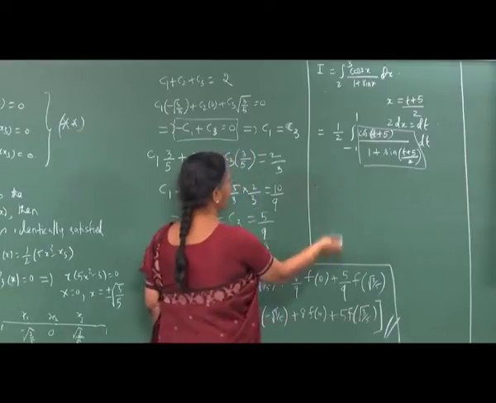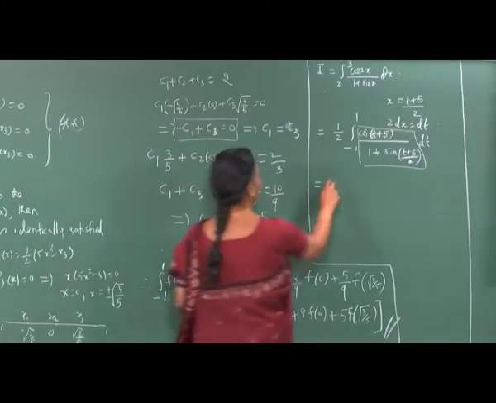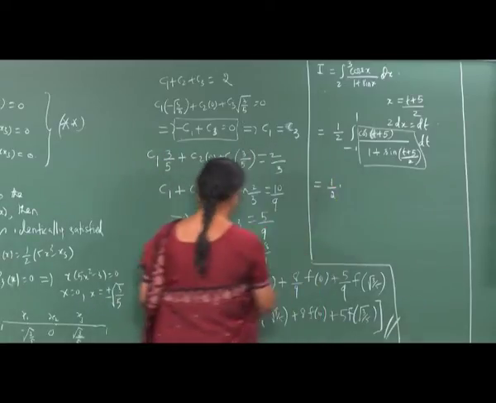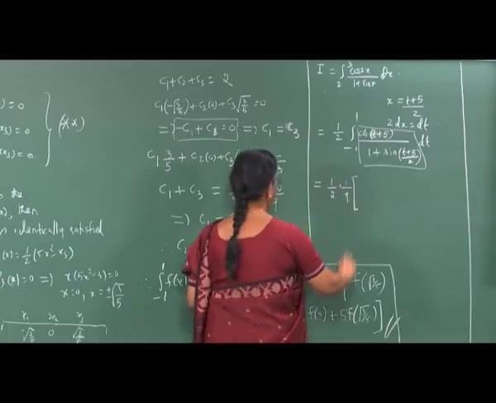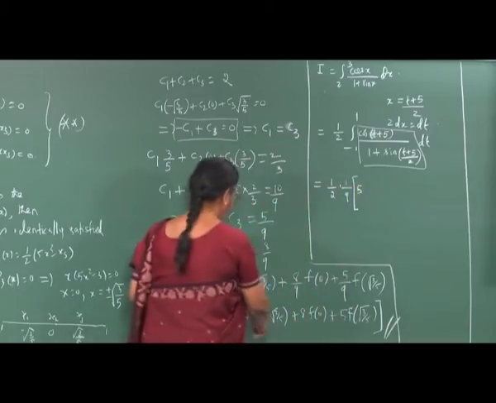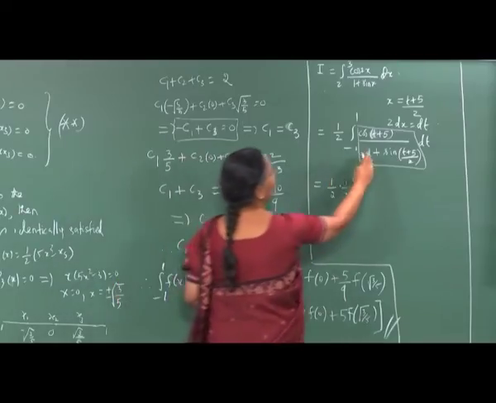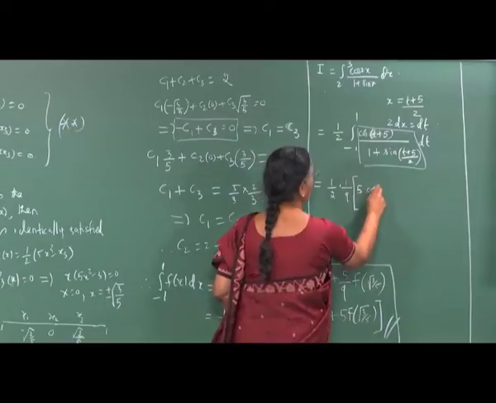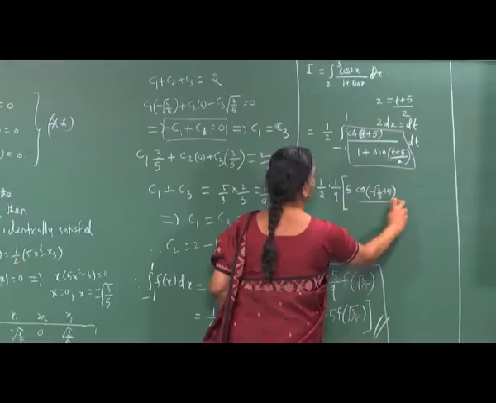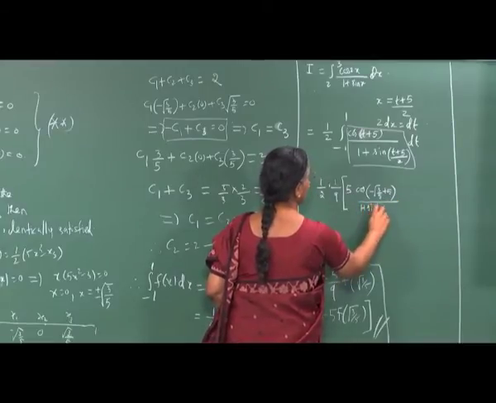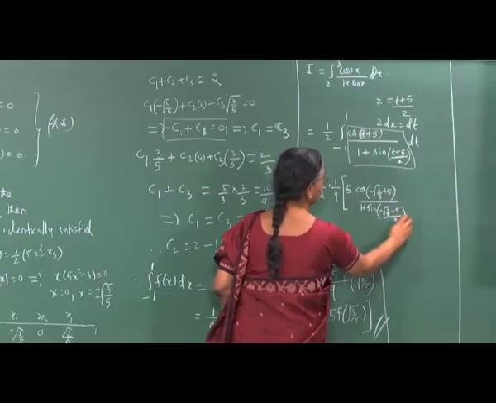So, I directly apply Gauss 3-point formula. So, I have half into, if I apply Gauss method, it is going to be 1 divided by 9 into 5 times the function value at minus root of 3 by 5. The function is this. So, cos of (minus root of 3 by 5 plus 5) divided by 1 plus sine of (minus root of 3 by 5 plus 5) by 2.